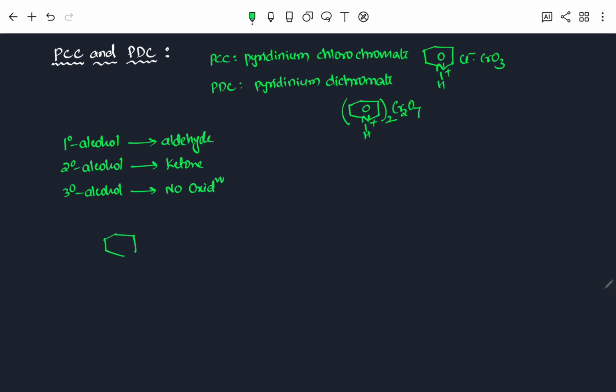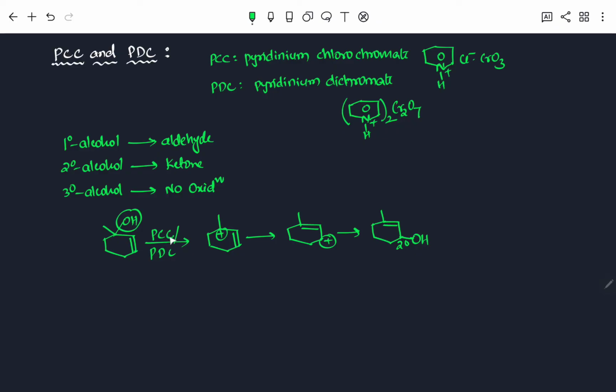Suppose a tertiary allylic alcohol is present. When it is treated with PCC or PDC, here the tertiary alcohol ionizes to form a carbocation, and because of resonance we get another carbocation, and this carbocation finally converts into a secondary alcohol.